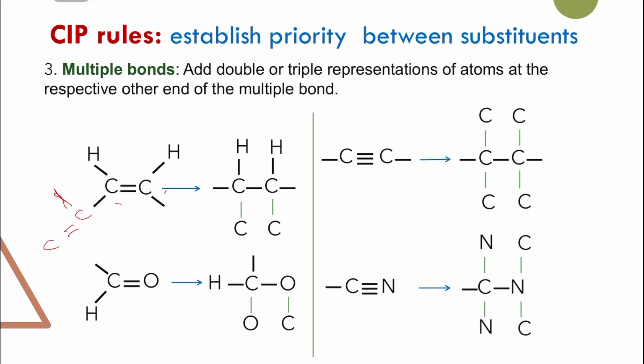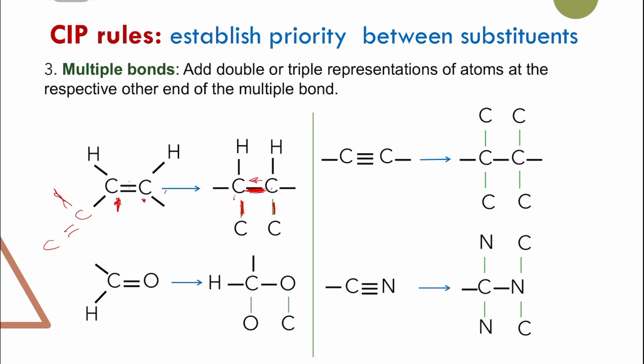What does it mean? If this is a double bond here, then we will consider each of these as a single carbon atom. So this carbon here, carbon number one, as if it's attached already to two different carbons, 1 and 2. And the second carbon, this one, is also attached to two different carbons, this one and that one as well.